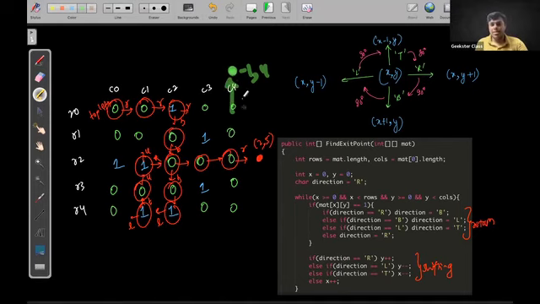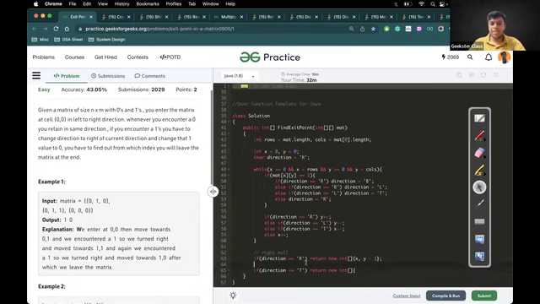Going upwards, the exit point will be x plus 1, that is 0, 4. So if we have gone out of the matrix from the top wall, that is, the direction is top, we will return x plus 1, y. Opposite: if going top we did x minus minus, now we need the cell below, from which we went out, so we will do x plus 1.